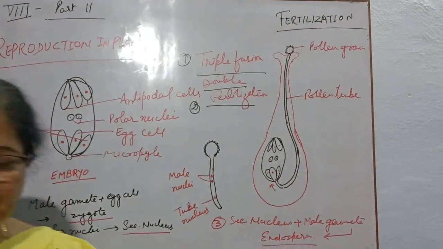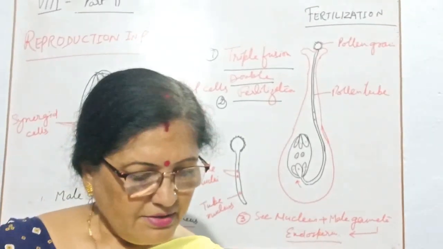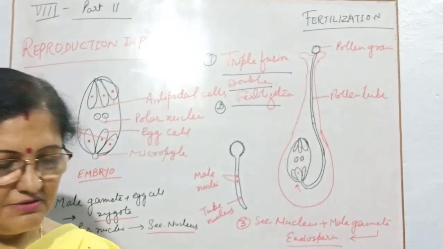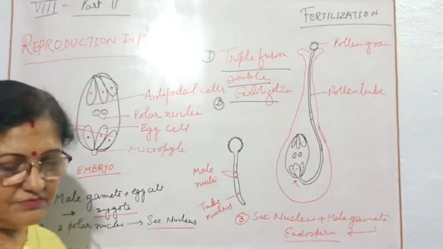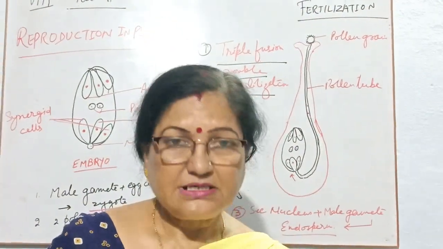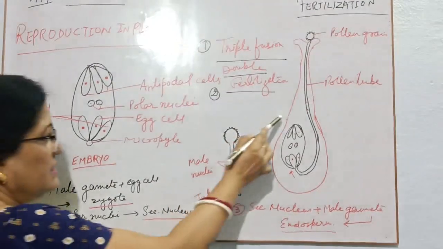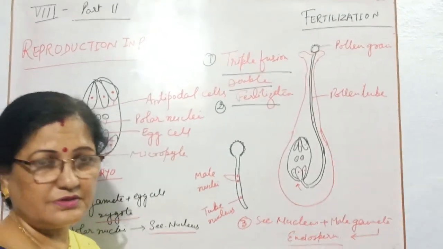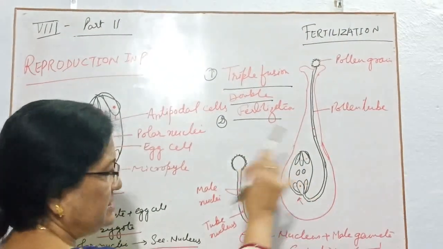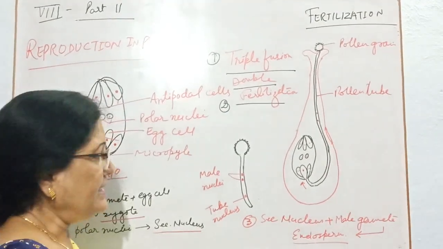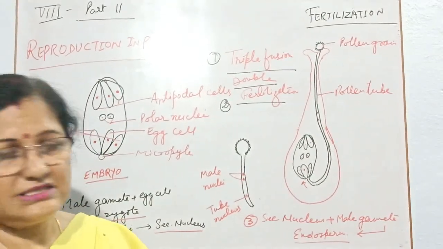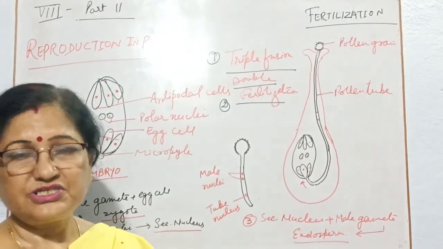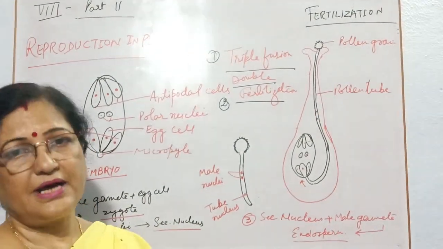And after that, what is the seed and fruit formation, or what is the fate of it? This formation will take place. See, the ovary will form the fruit, and it will form the seed, and lastly, after fertilization, all the other organs of the flower will be shed off or become dead.